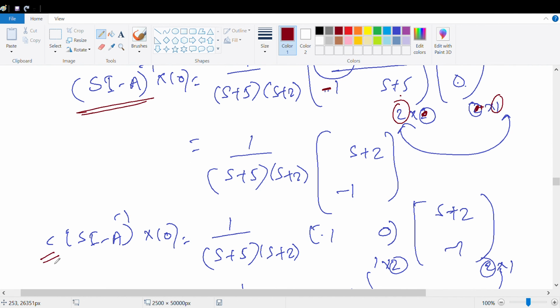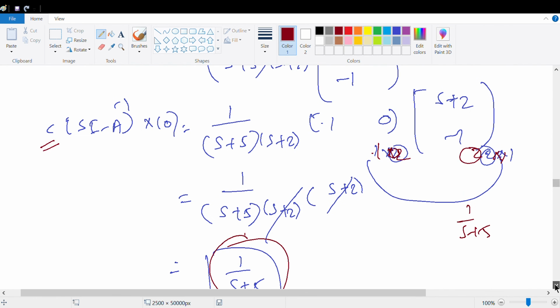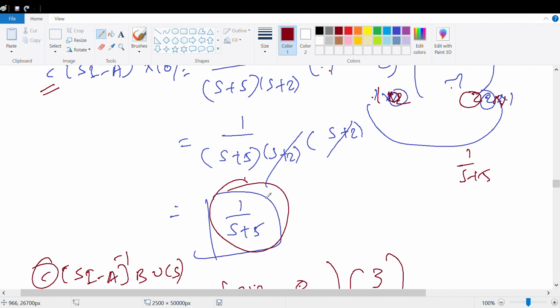Now we multiply with C. C is 1 0, so it is 1 by 2 times 2 by 1, giving 1 by 1. So 1 by (s plus 5)(s plus 2), 1 times (s plus 2) plus 0 times minus 1, so it is 1 by s plus 5. So one part we got 1 by s plus 5.